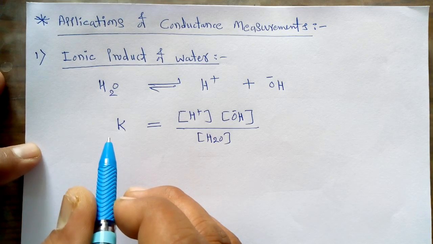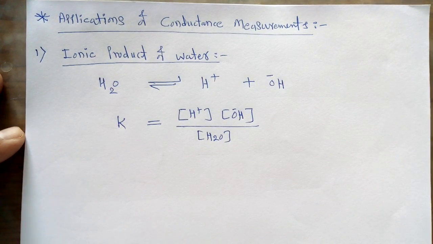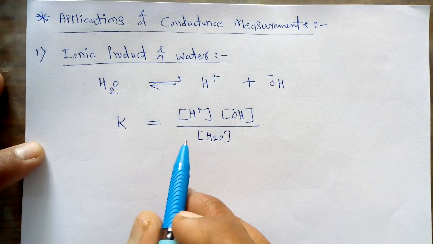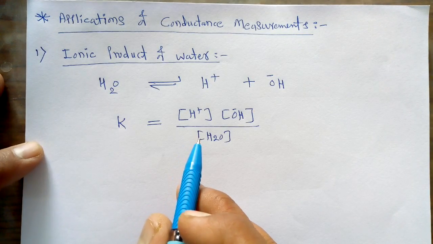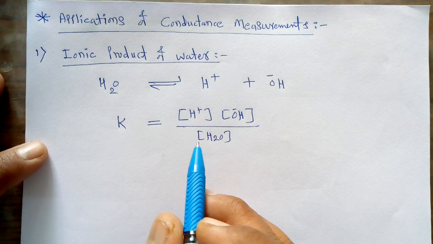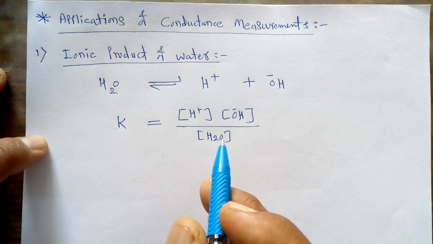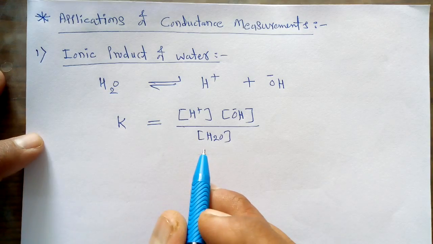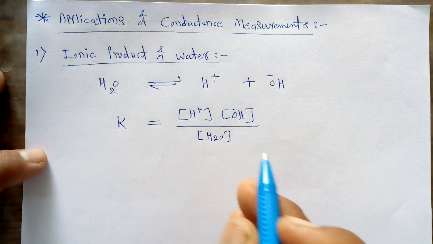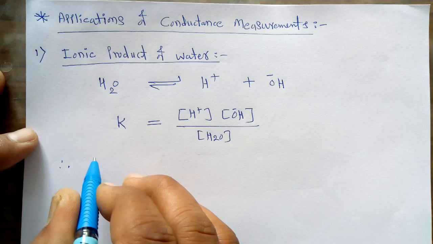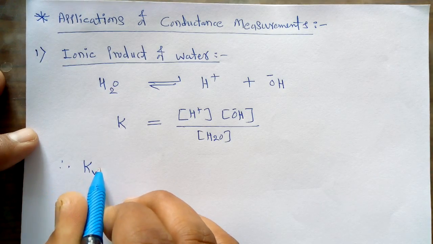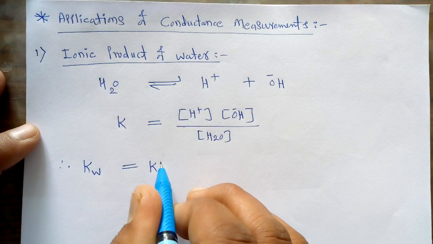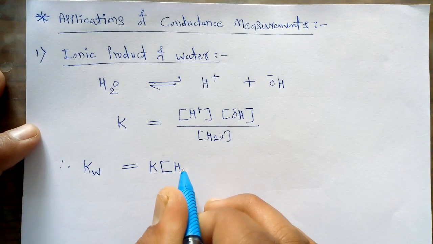Now, for the ionization of water in aqueous solution, we can say that the concentration of water in aqueous solution remains constant, and that's why we may write the next relationship: Kw is equal to the equilibrium constant into the concentration of water.